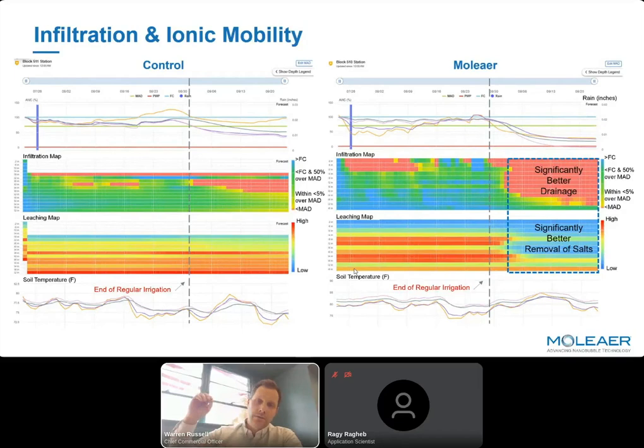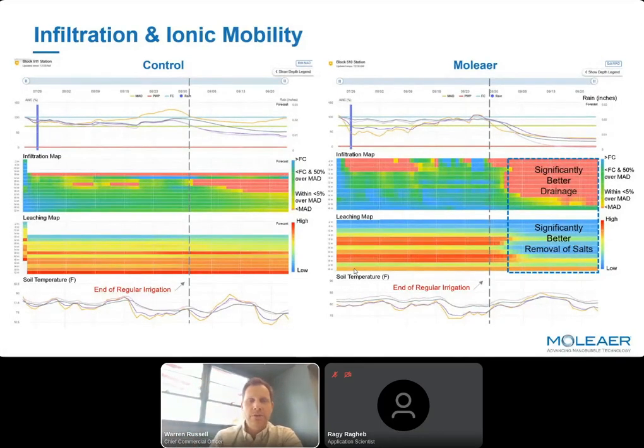And again, we're in an environment now where people can use sensors and can look at this data in real time. It's become a lot more affordable, and so we're a big advocate of this. This is a particular type of sensor going down to 46 inches. And what we're showing here is we're tracking two principal things. One is moisture content at the different levels. And then the bottom heat map is actually the salinity map, looking red for higher concentrations, blue for lowest concentrations.